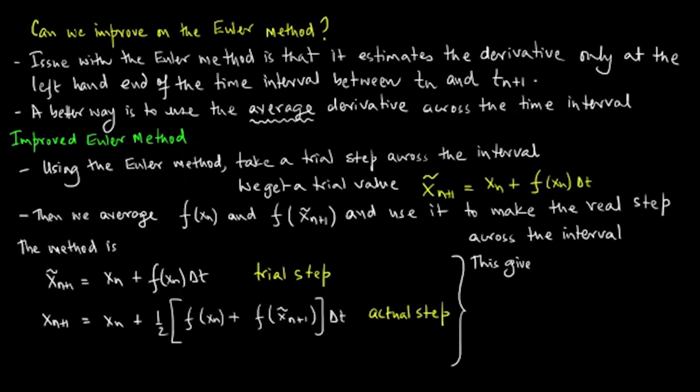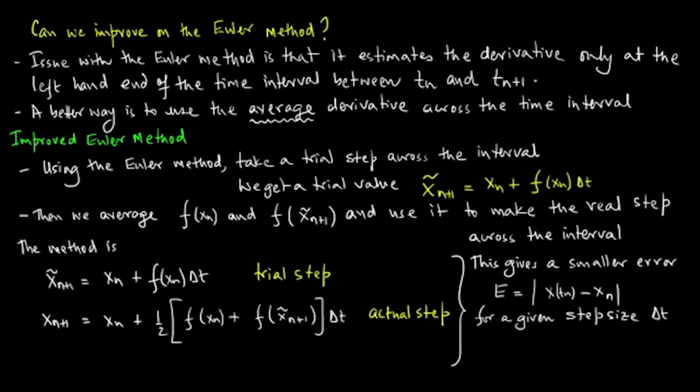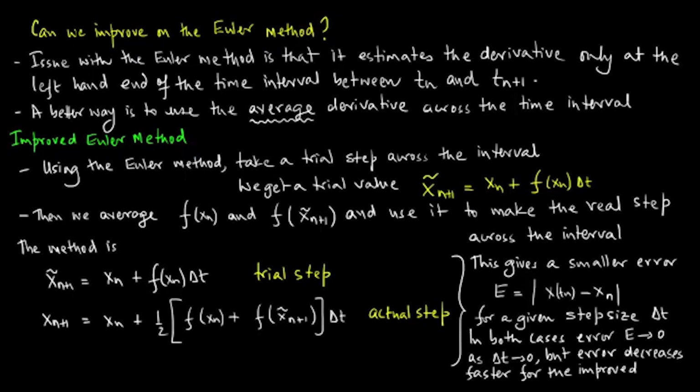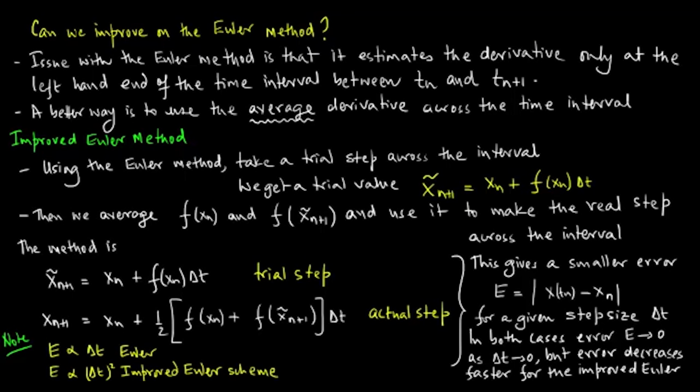This gives a smaller error e, which is x of tn minus xn, for a given step size delta t. Now in both cases, the error e tends to 0 as delta t tends to 0, but the error decreases faster for the improved Euler scheme. Note that the error is proportional to delta t in the Euler method and is proportional to delta t squared in the improved Euler scheme.